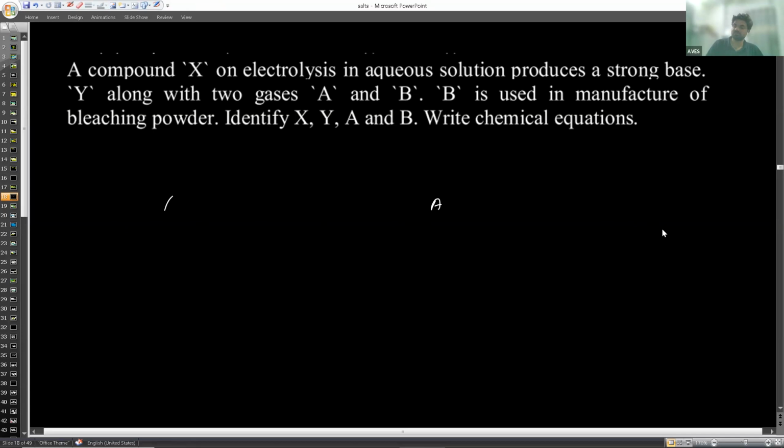Note down this question in your copy. Note this question and try to answer this question, please.